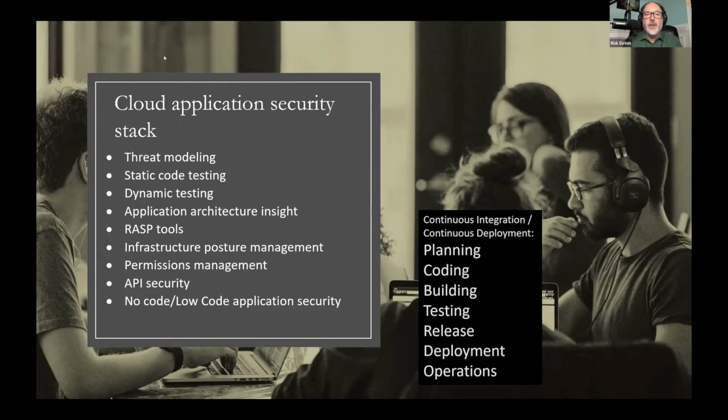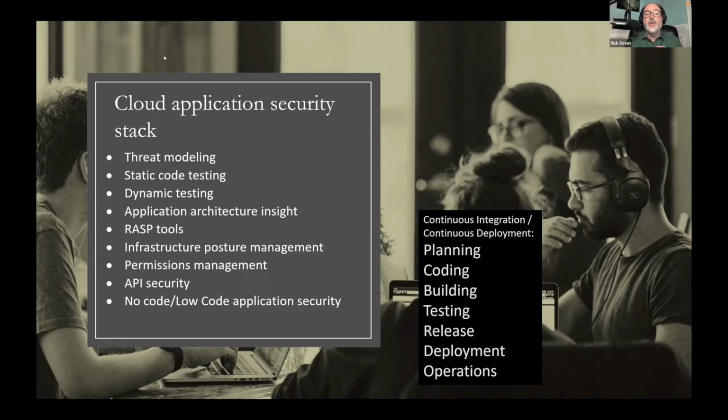While the application is running, you have these RASP tools, which I don't remember what the acronym stands for, but it's like application runtime security protection, maybe something like that. What that's doing is, as things are going, if something in the application is happening that may be insecure, it'll flag it and then maybe even just drop it and restart it if necessary.